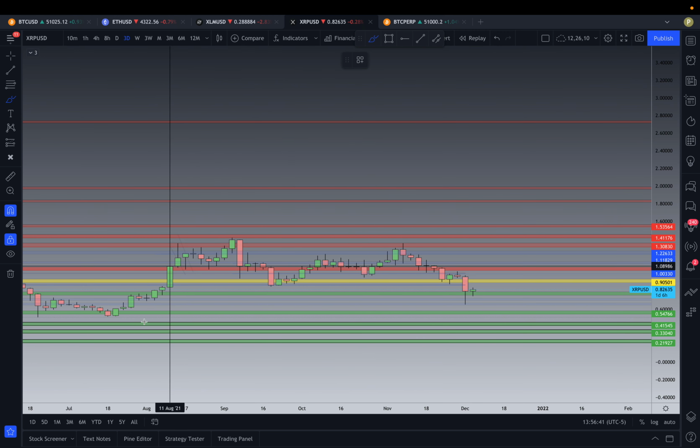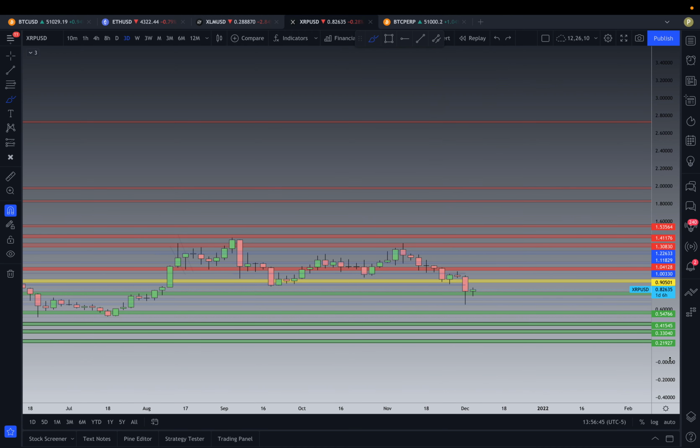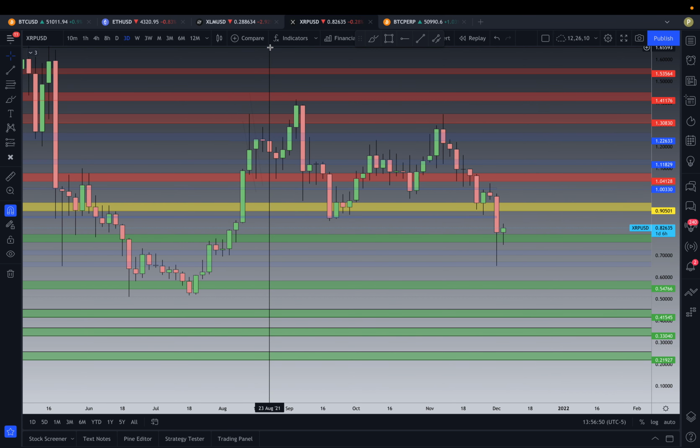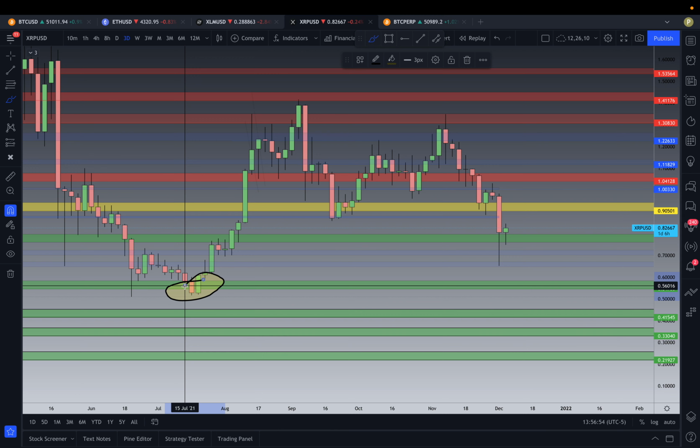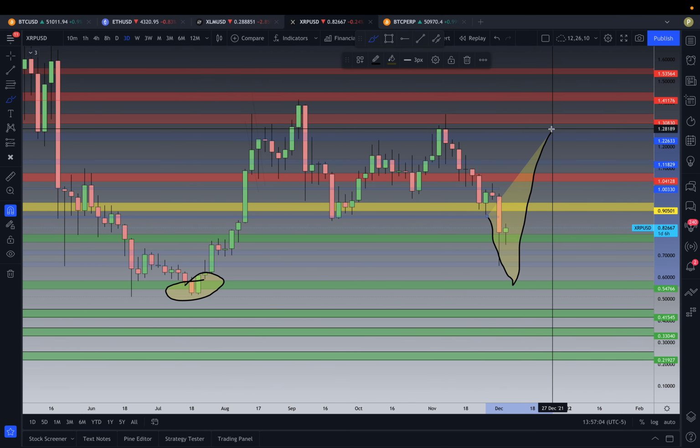So right here we have the lows here. Okay, let's just do this really quick here. So it's possible we could see 56 cents. It's possible we could see the 56 cents area again, retap, and then bounce back up.